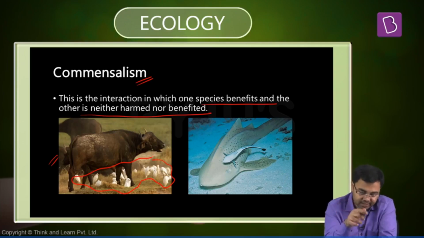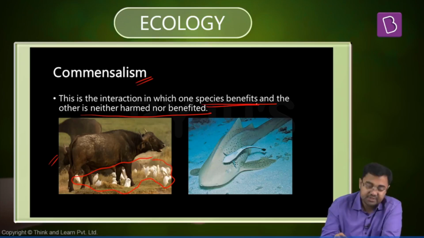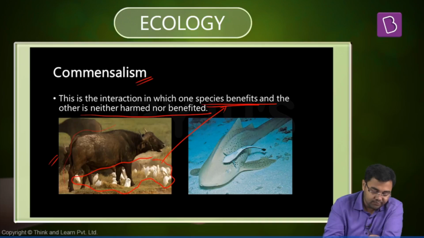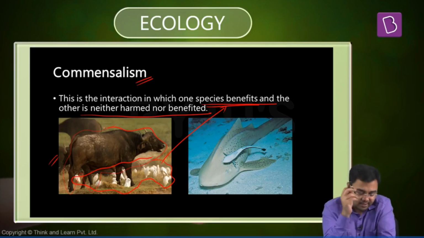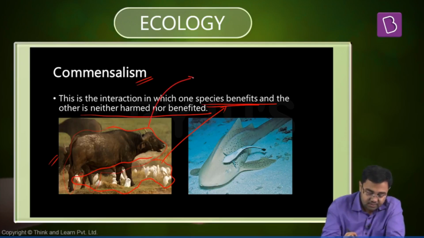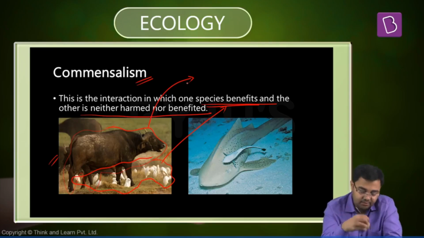Mainly you have to understand here that one species benefits. These birds are benefiting. It has no effect on the survival of this particular species. Why? Mainly because these domesticated animals are here for feeding, and once they feed on the grass, they uproot the grass.